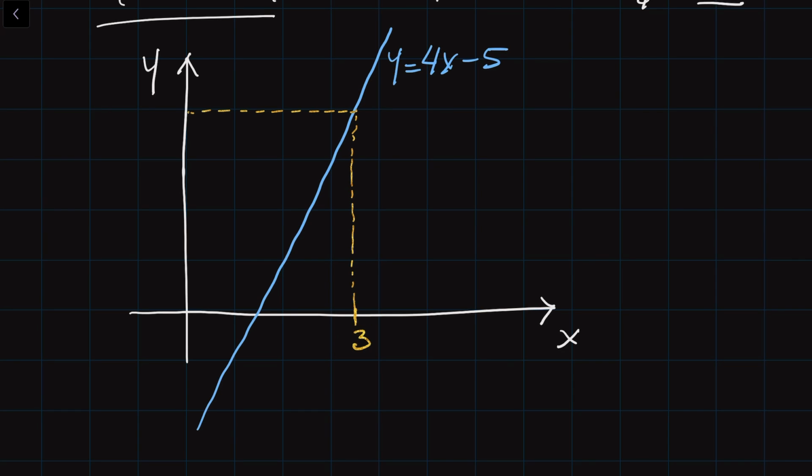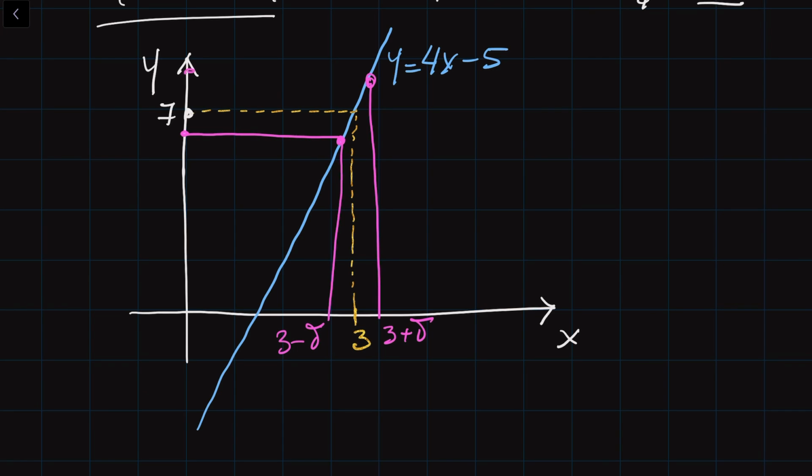So if we control the distance for x, for example this distance here, it is going to be 3 minus delta, and here 3 plus delta, where delta is equal to the epsilon over 4, then our function's value is going to be within the distance of epsilon to the 7.